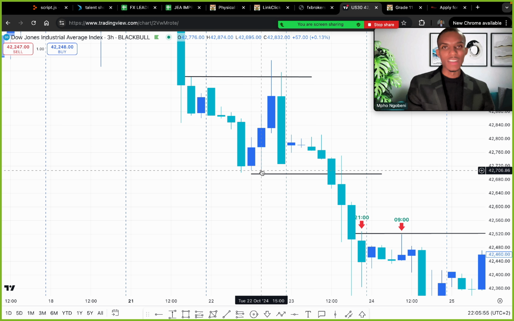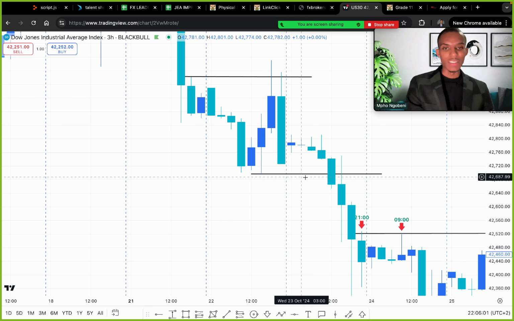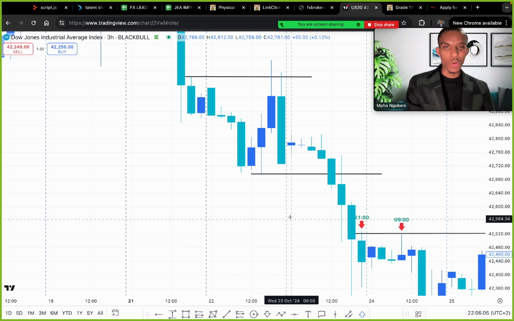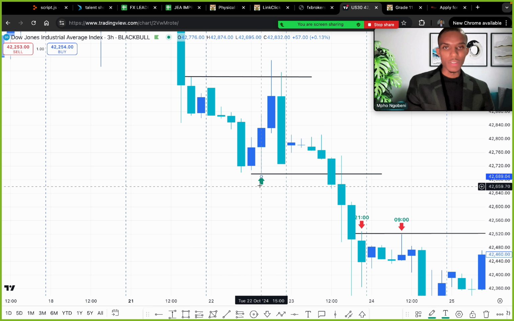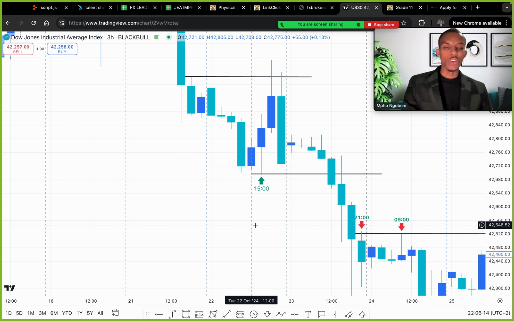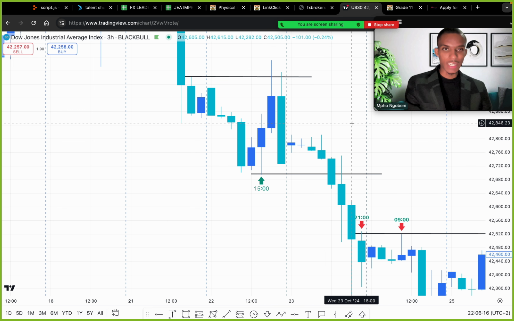So again, it created a low on this day, which was a Tuesday, and then this is the following day. So if the low here was 3 o'clock, we have a rejection there.